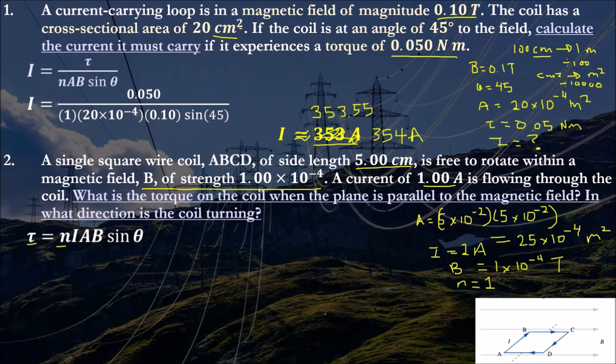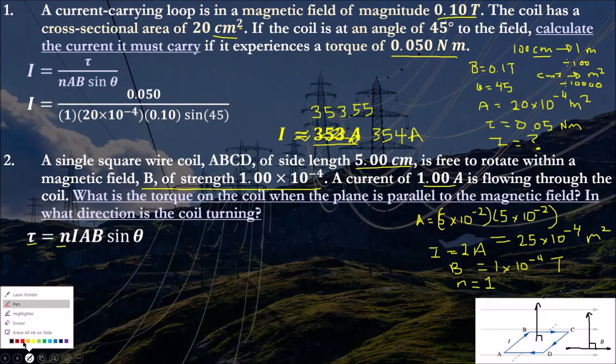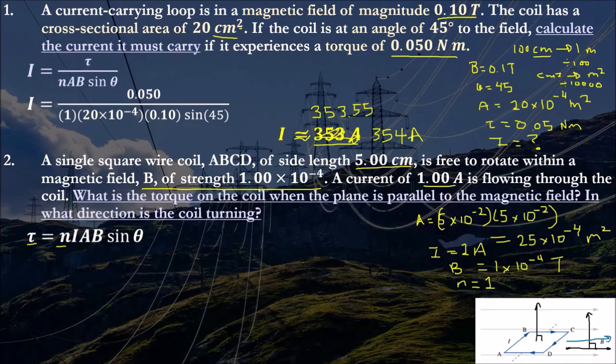If I want to work out what theta is, I can see that my area vector is going directly up. So if I try and draw that looking from the side, this is the area vector coming along here, and this is what the magnetic field lines are doing. It's going 90 degrees across the area vector.